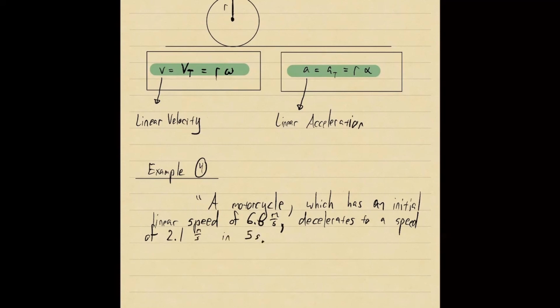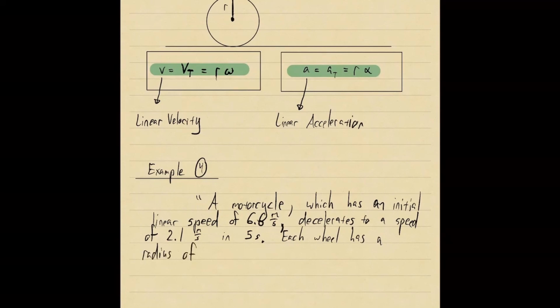So each wheel has a radius of 0.65 meters, or 65 centimeters, but we're going to keep it in meters, and is rotating in a counterclockwise direction.